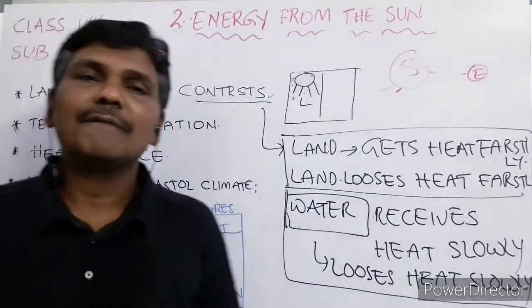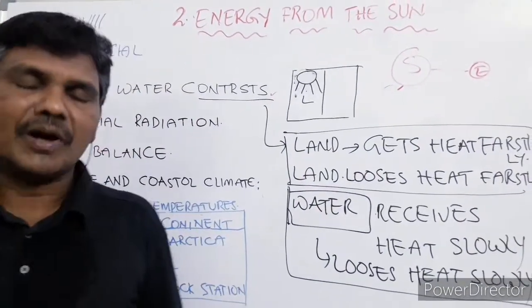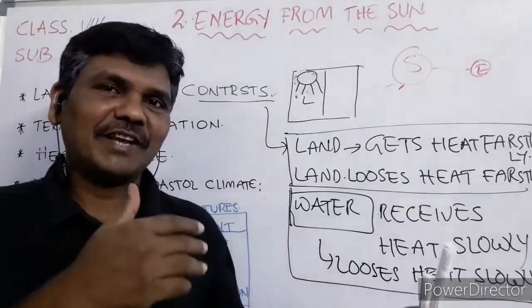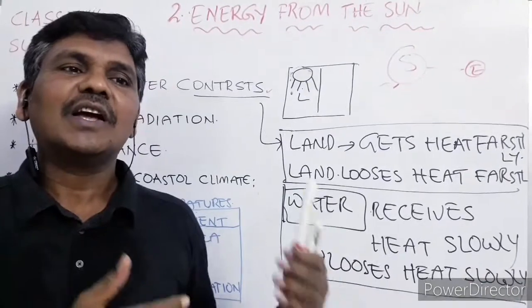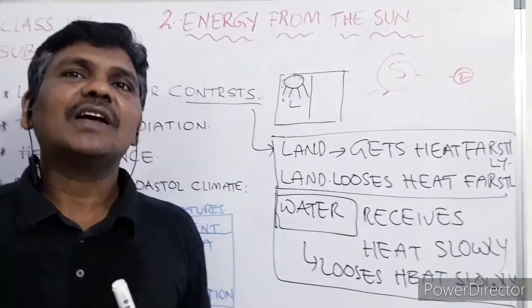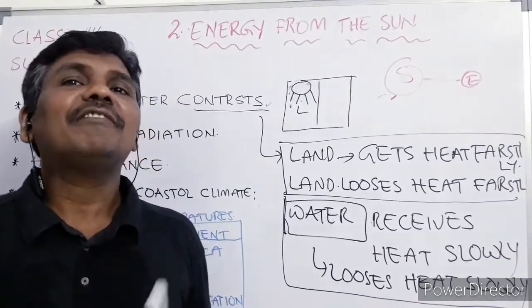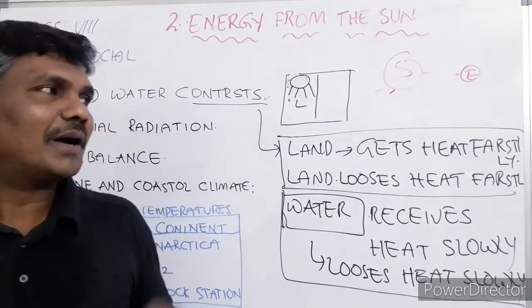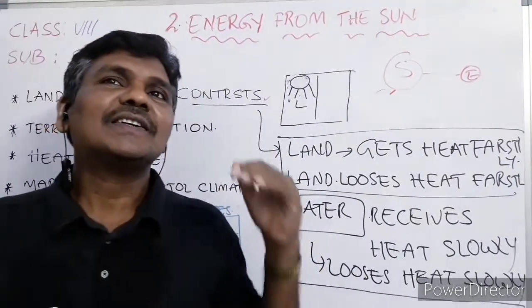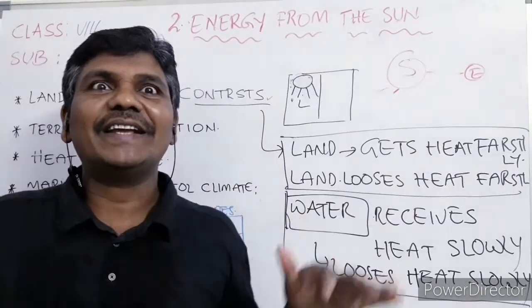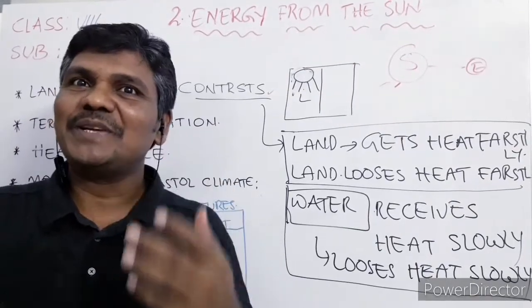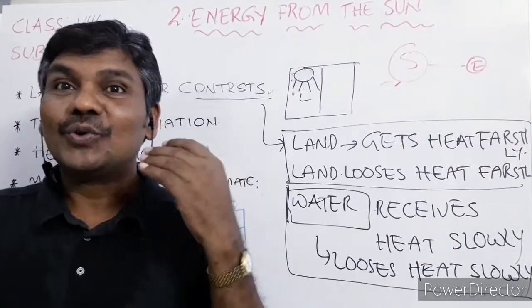From early morning to evening 5 or 6 o'clock, we get much sunshine, so we get an inconvenient feeling. But after 6 o'clock, the land becomes cool. Did you observe that? Did you experience that?